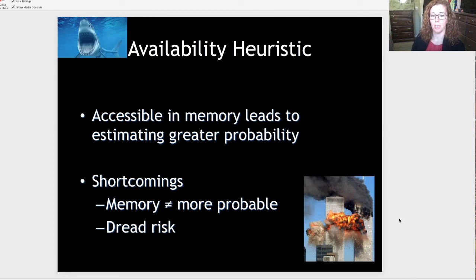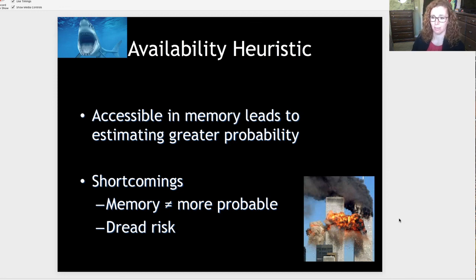So the summer after September 11th, 2001, most people drove on vacation instead of taking airplanes. And it's estimated that approximately 100,000 Americans died in motor vehicle accidents above what was normal because they were driving instead of flying.